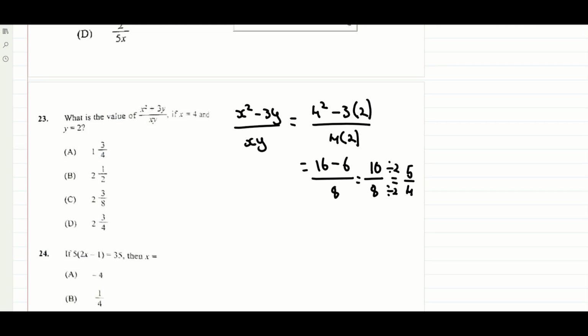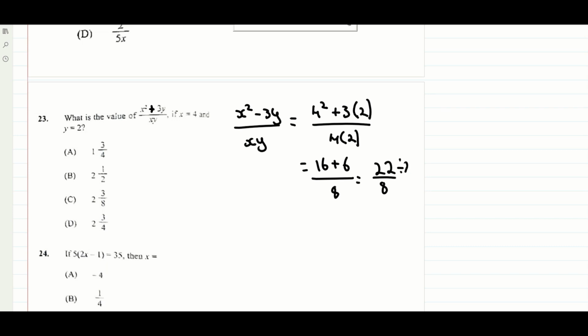This is supposed to be a plus, guys. That's probably how it is. So it's supposed to be a plus here, so this is plus, this is plus, okay? So it's supposed to be 16 plus 6 divided by 8. 16 plus 6, 6 and 6 is 12, 1 and 1 is 2, 22 over 8.